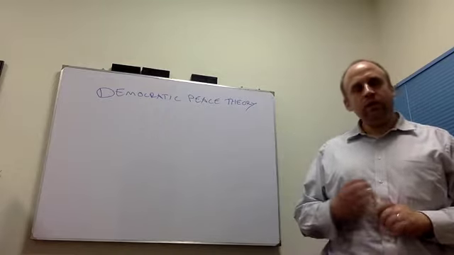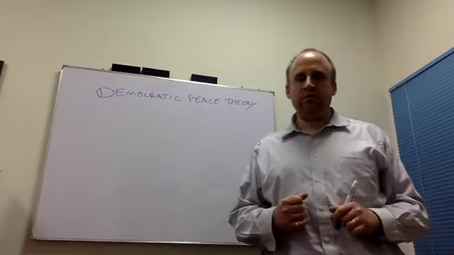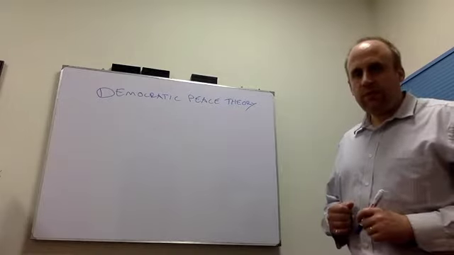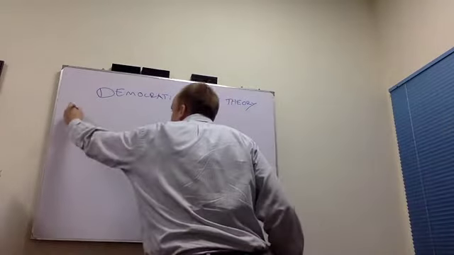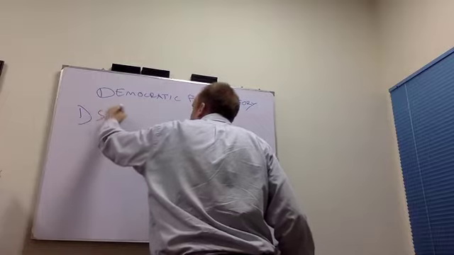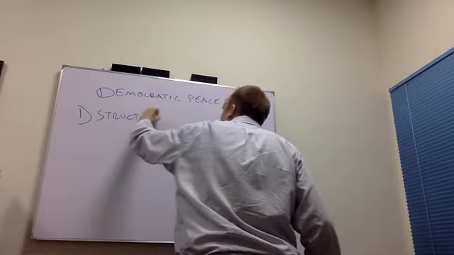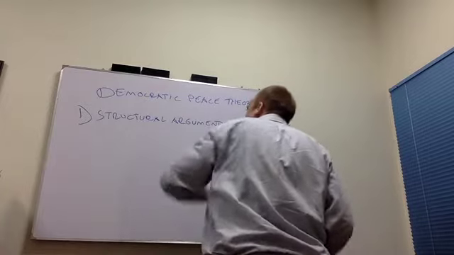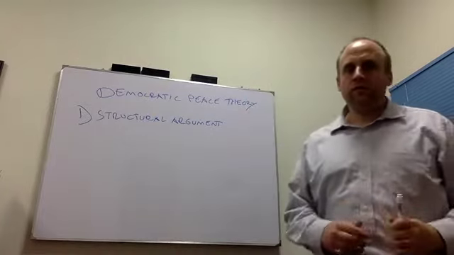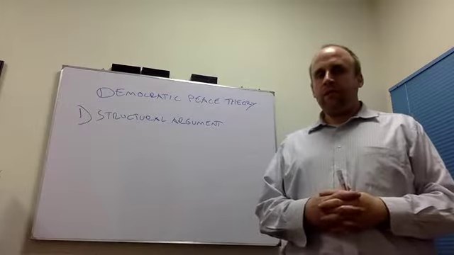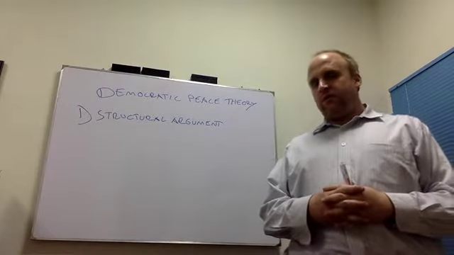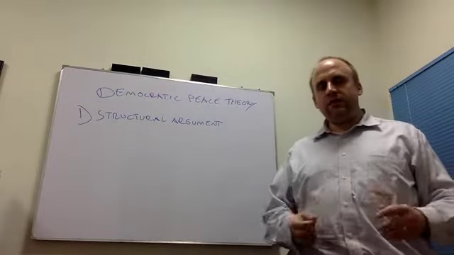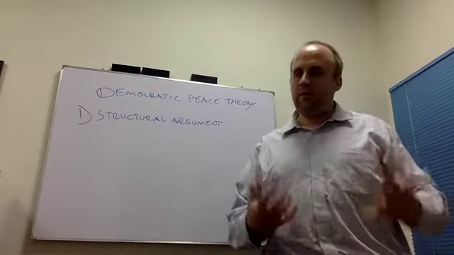Now, there have been two main explanations for the democratic peace theory. The first one is the structural explanation. According to the structural argument, democracies don't engage in wars with other democracies because of the unique institutional setup that democracy has.